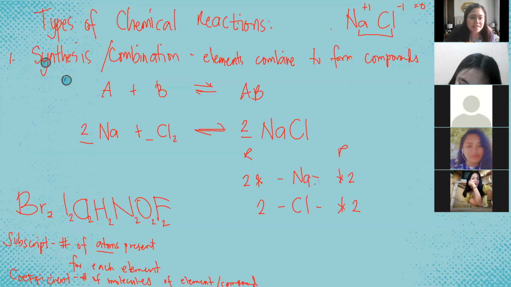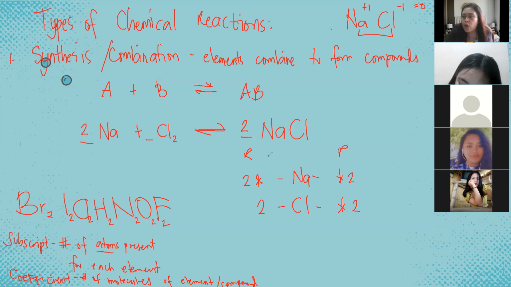So what is the difference between the subscript and the coefficient? The subscript is for chlorine only, meaning you have 2 atoms of chlorine. But with the coefficient, class, you have 2 molecules of sodium and 2 molecules of sodium chloride. That is what the coefficient represents.